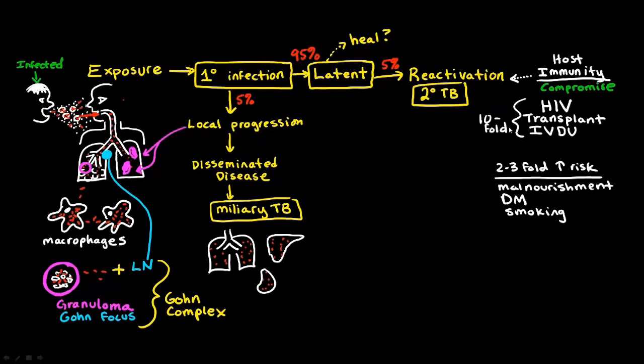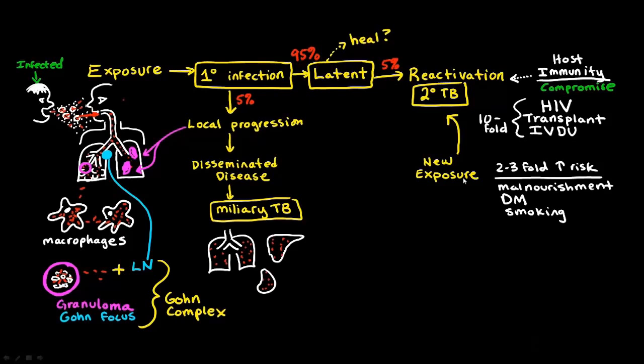The final thing I'd like to say about secondary tuberculosis is that much of it results from reactivated disease, but you can also have secondary tuberculosis because you get reinfected. That means it's not your own latent TB that's reactivated and caused secondary disease, but you've been exposed to yet another person infected with tuberculosis, and your secondary disease results from that new exposure.